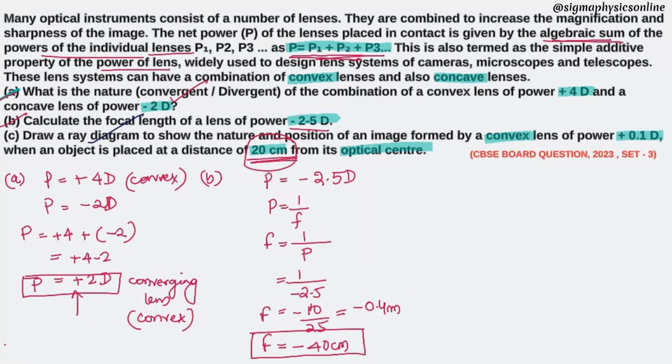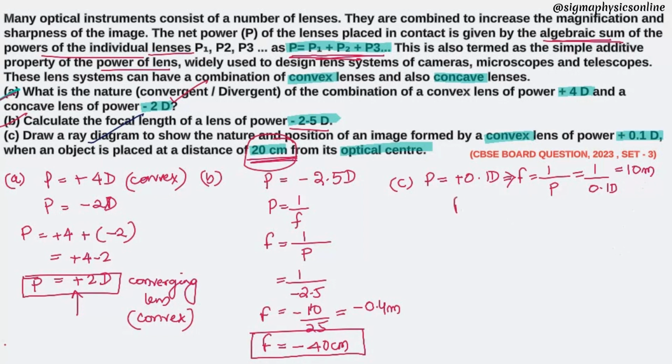So the focal length of this lens is minus 40 centimeter and it's a concave lens. The third part is: draw a ray diagram to show the nature and position of an image formed by a convex lens of power 0.1D when an object is placed at a distance of 20 cm from its optical center. So we have the convex lens whose power is plus 0.1D, which means its focal length will be the reciprocal of the power, so it will be 1 by 0.1D, which is equal to 10 meter.